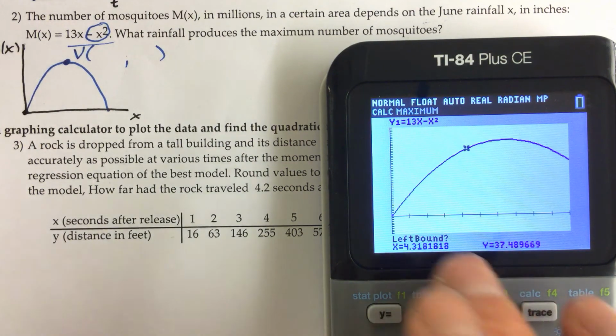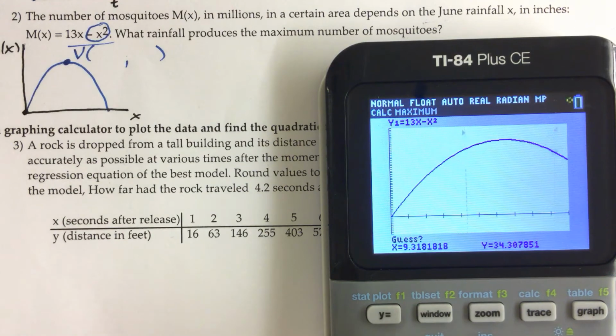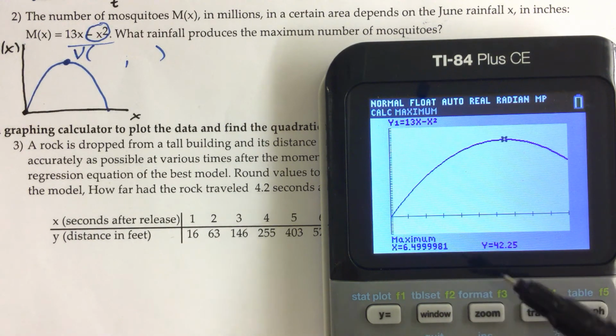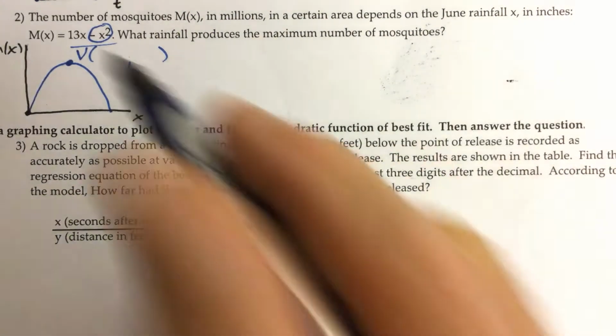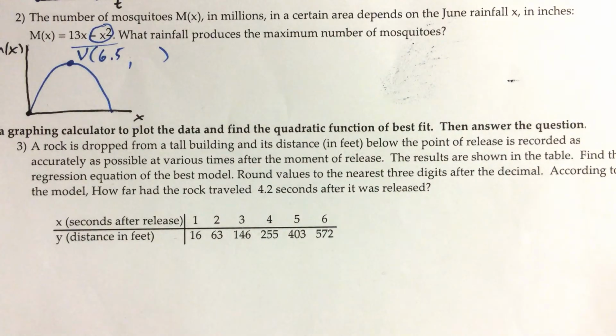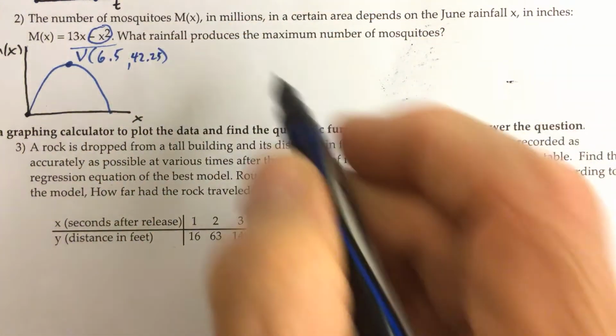We move the cursor to the left of the vertex, mark it with an enter, move the cursor to the right of the vertex, mark it with an enter, and then move the cursor back anywhere in between the two lines. If we round this x coordinate to the nearest 3 digits after the decimal, we get 6.5. So 6.5 comma 42.25 are the coordinates of the vertex.